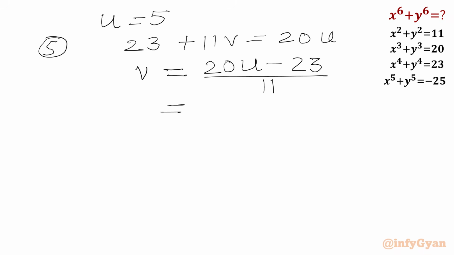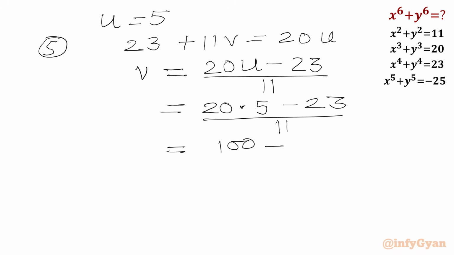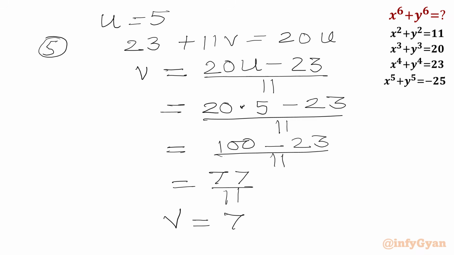So we will write here 20 times 5 minus 23 over 11, which will be equal to 100 minus 23 over 11, which will be equal to 77 over 11. So we will get v value 7. u is 5, v is 7.